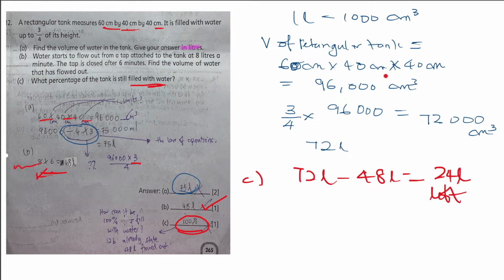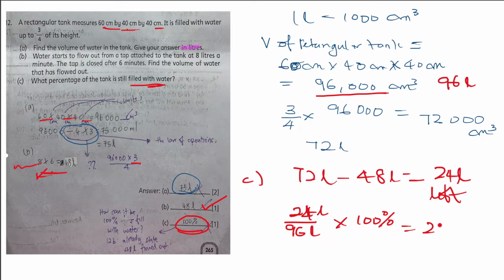So the total tank is actually 96 liter. So now left with 24 liters. What's the percentage? It is 24 liter divided by 96 liter times 100%, which is 25%. Okay?